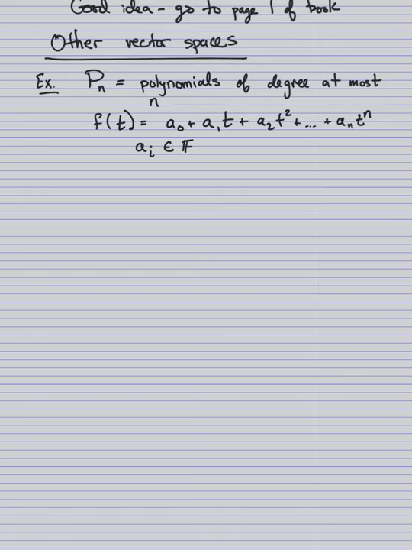So these could be real numbers, they could be complex numbers. And now this is a vector space over F. So I have to tell you how to add and how you multiply. Well, addition is just addition of polynomials.